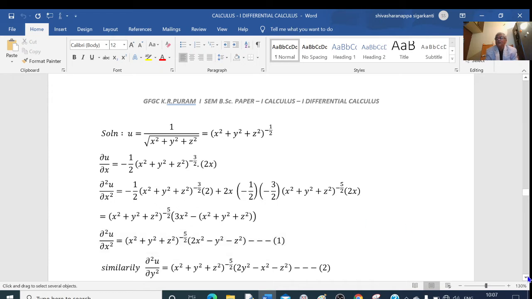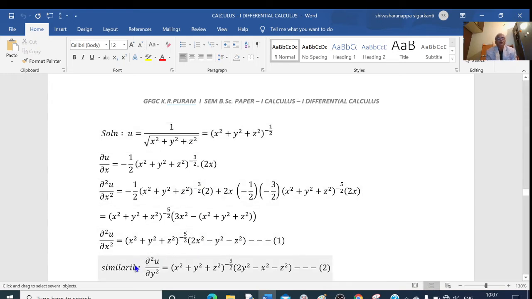And here similarly we can write, this is the function. If you observe here, if we interchange x and y, or y and z, or z and x, is there any change in the function? No change. Interchanging x, y, z, there is no change in the function. Such functions are known as symmetric functions. In symmetric functions, derivatives will be the same, we just have to interchange here.